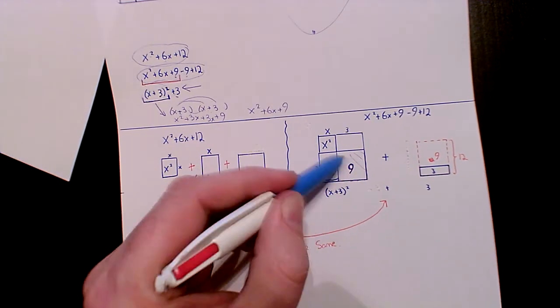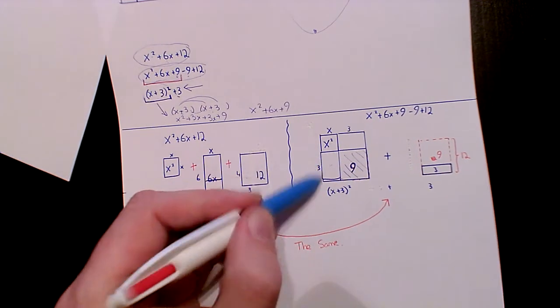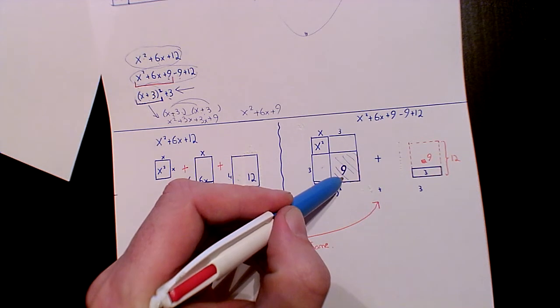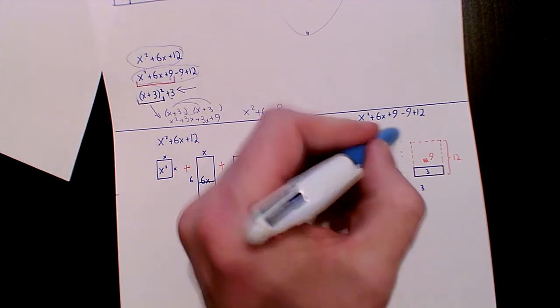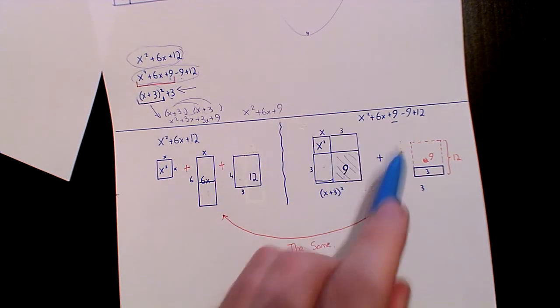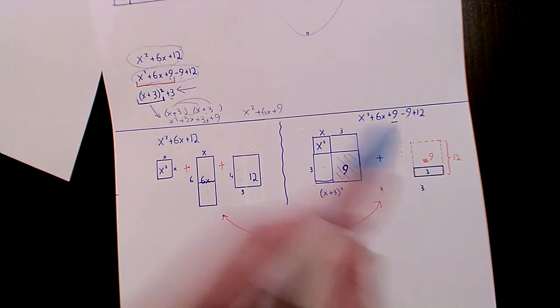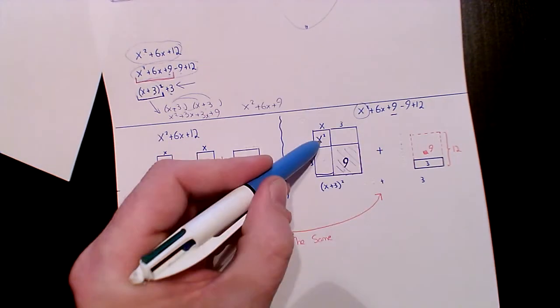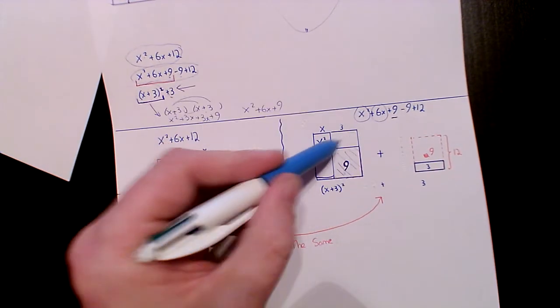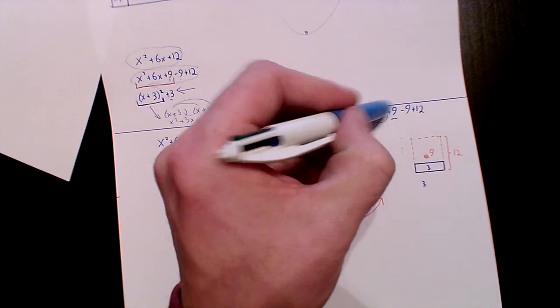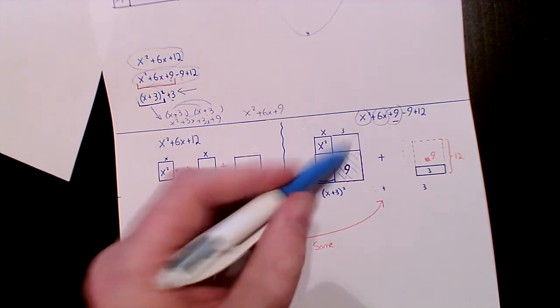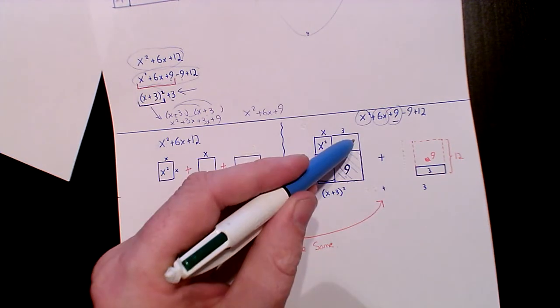That leftover bit is going to be 3 by 3, which is 9. So that's where I get this from. So I've dealt with that, that's here. I've dealt with that, that's here. And this 9 then, that's why I added in. That 9 allows me to complete this square.